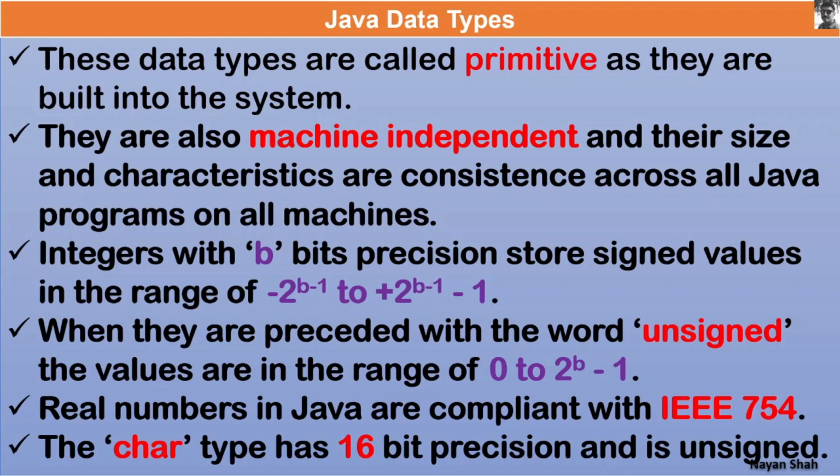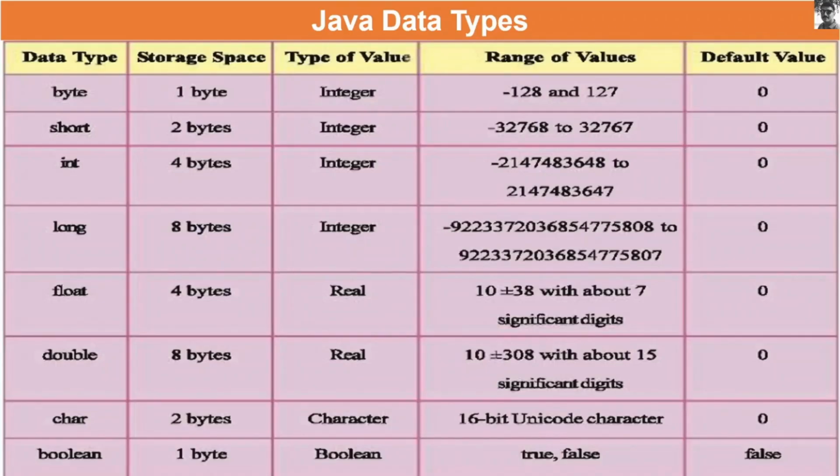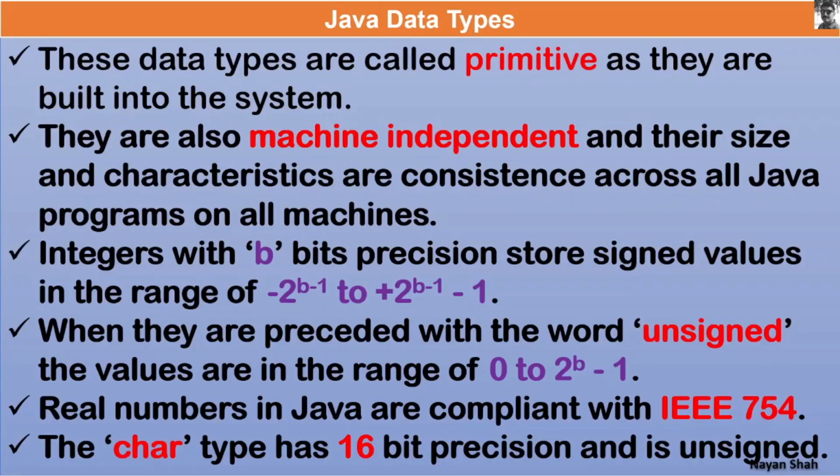That is 0 to 255, because 2 raised to 8 is 256, minus 1 is 255. But only when you are sure that no negative number will come into this variable can you say unsigned: unsigned byte, unsigned short, unsigned integer, unsigned long. Then the range will change, because no negative numbers will come.